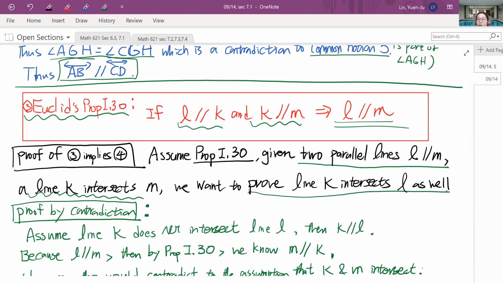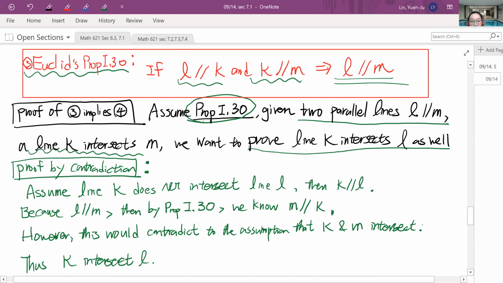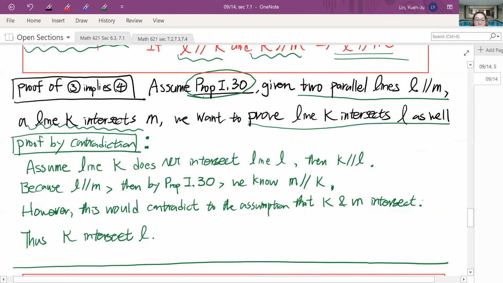And in order to prove statement 4, we assume that proposition 1.30 is true, which means at some point in my proof I'm going to use proposition 1.30. This is actually not too bad. The proof is quite short.